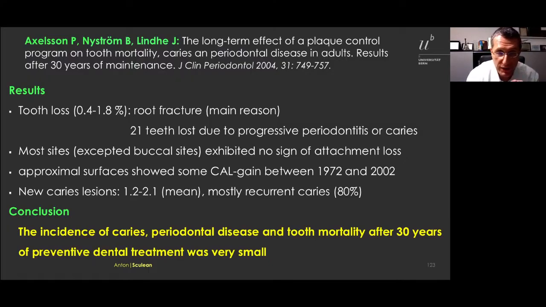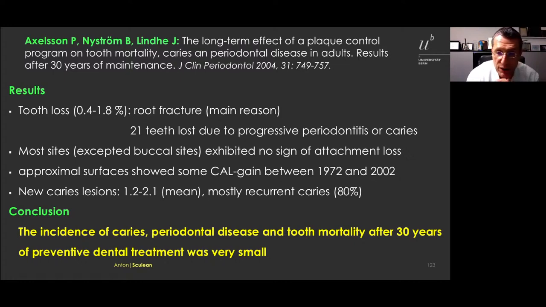And then if you look at the outcomes, what was the main cause for tooth loss? It was not any longer periodontitis, but it was root fracture, it was root caries, and perio reasons were numbers 3 or 4.